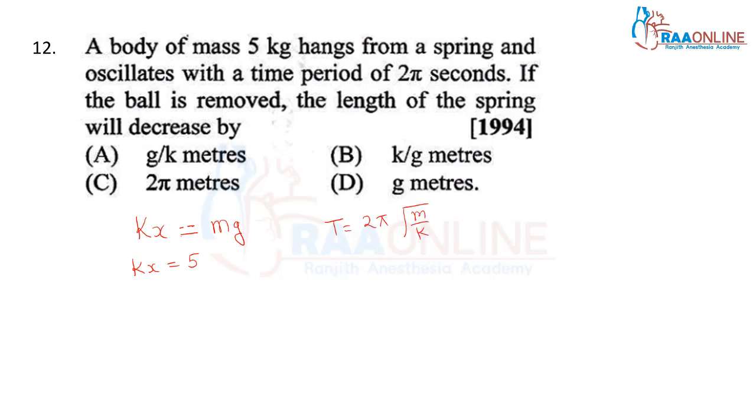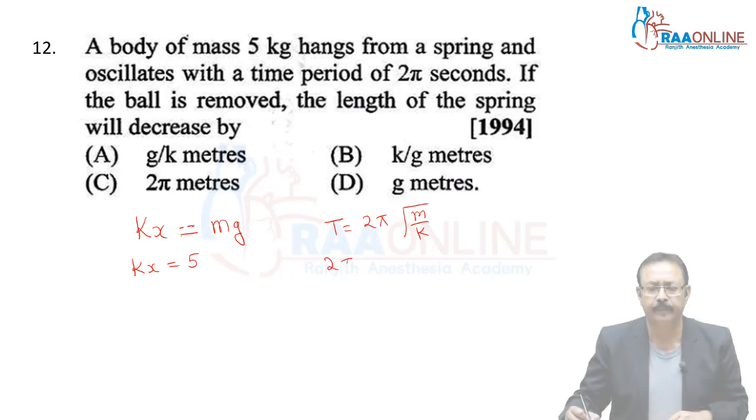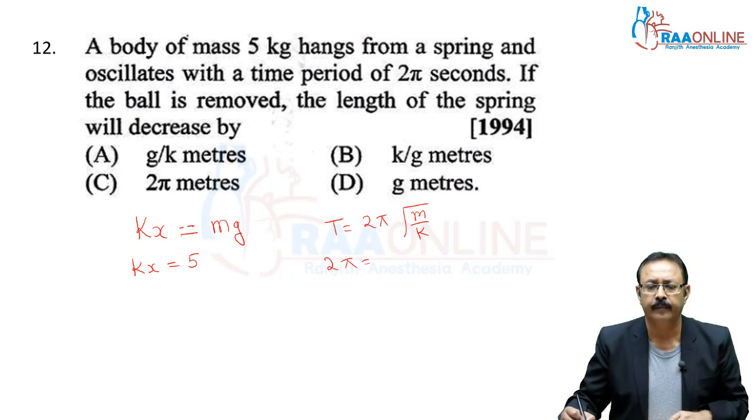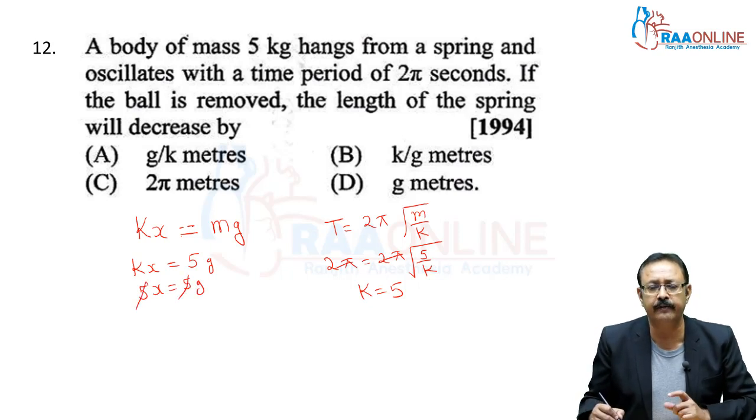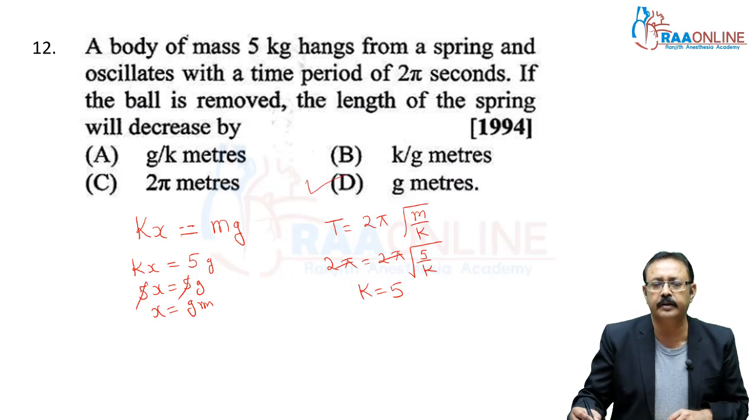So, T is equals to 2 pi root 5 by k. Cancel 2 pi with 2 pi, so you will get k is equals to 5. So, 5x is equals to 5g. It means the spring will go back by a length equal to g meters. So, we are going with option D.